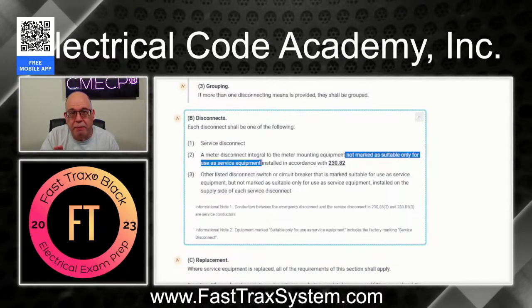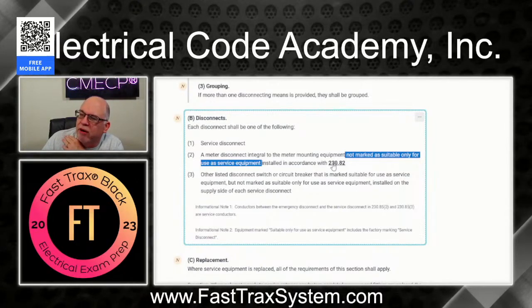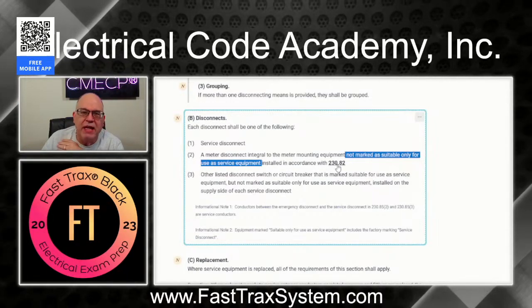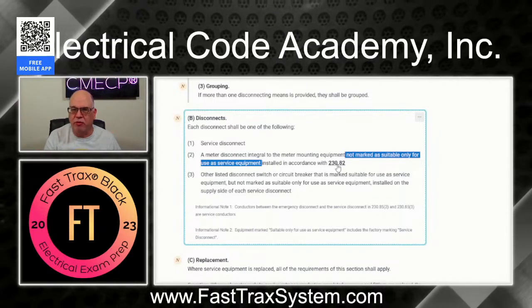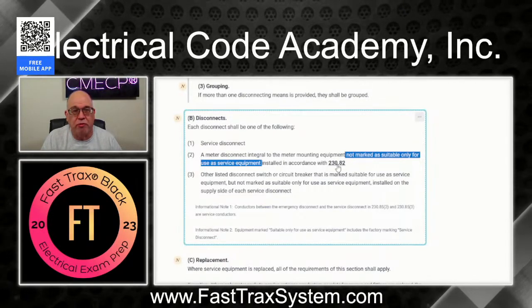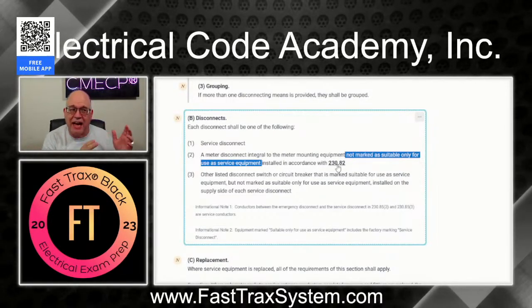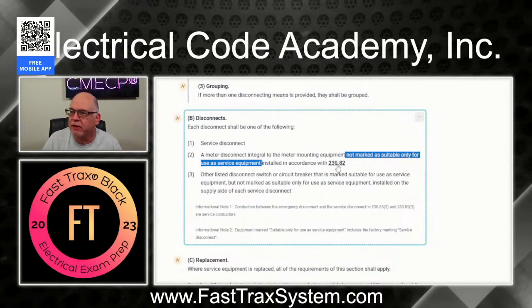That's not what you want because we're not using it as service equipment, right? And then when it makes reference to 230.82, the whole intent of that is it's going to be on the supply side of the service disconnect. That's the whole nature of 230.82, right? So that makes sense. So it's not a service. And we have to mark it accordingly, and we'll look at how you mark it here later.